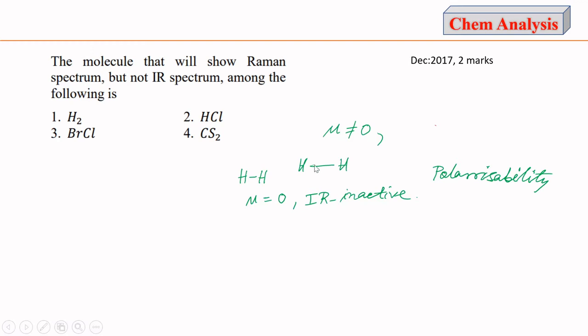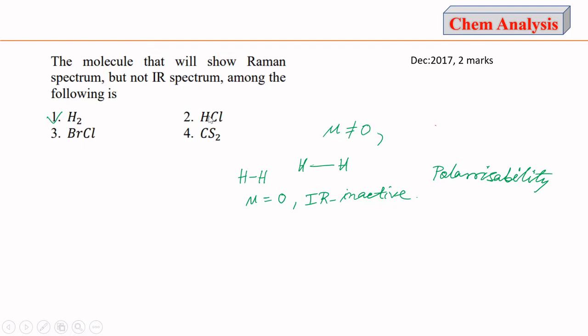That means there will be a polarization within this hydrogen bond, and for this we can say that the hydrogen molecule will show Raman activity. That means these stretching bands will correspond to a Raman peak in the Raman spectrum. So we can say that the H2 molecule does not show any IR activity but will be Raman active.